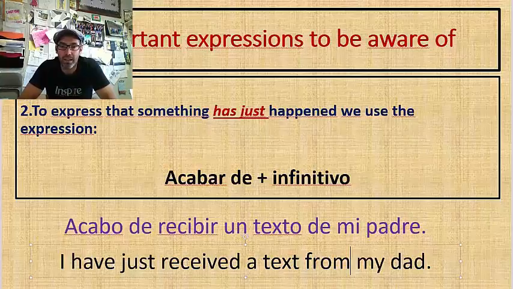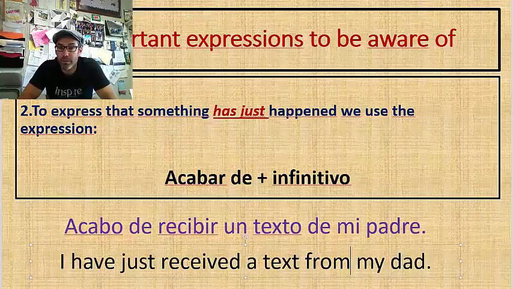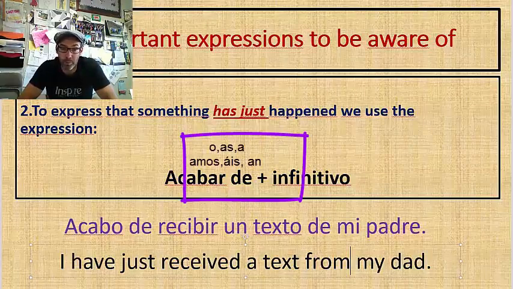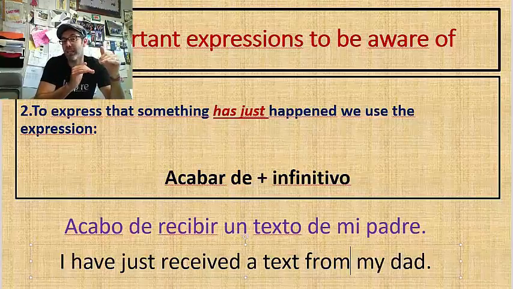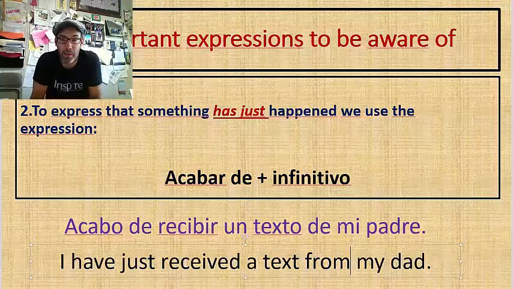And so again, it is acabar de, and remember that acabar is a regular AR verb. So in the present it is acabo, acabas, acaba, acabamos, acabáis, acaban. So, acabar de followed by the infinitive of what that action is that has just happened.